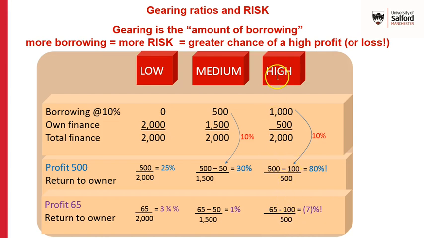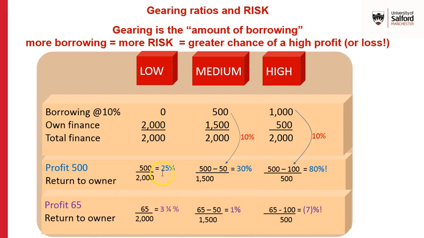So if we look at the two scenarios for the high level of borrower, either he's going to be earning more than everyone else, or he's going to be earning less, depending on the performance of the company. So a much wider range is being undertaken here. The medium is kind of mid-range, and here we've got the smallest range.